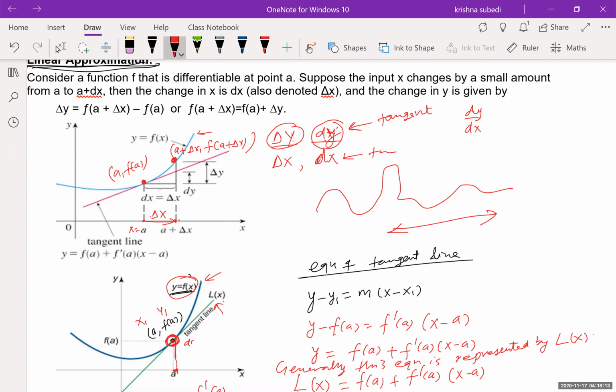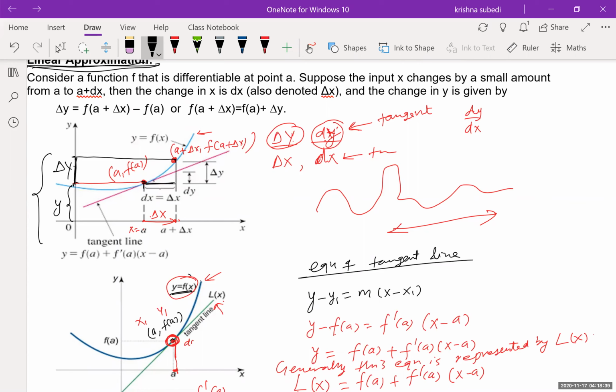Okay. Now, notice that the exact difference in y is, earlier this is your y. And now the new y is this. So the actual change is this one. That is the actual change in y. Okay, makes sense?